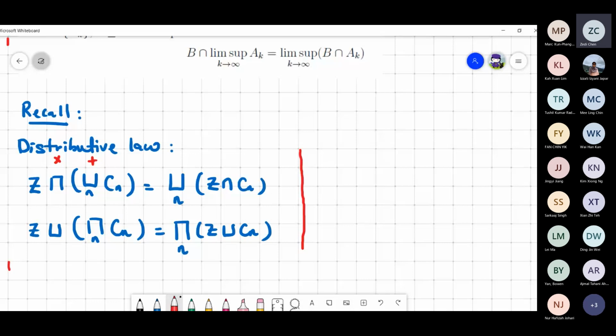For example, x multiplying (a plus b plus c) is just equal to x multiplying a plus x multiplying b plus x multiplying c.